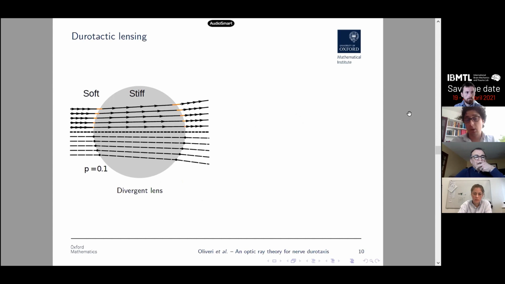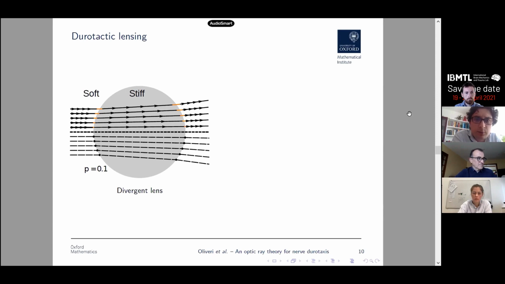One of the obvious potential effects is what we call durotactic lensing, which can be observed here by putting a stiff obstacle in front of the axon path. So what you see here is two types of line.